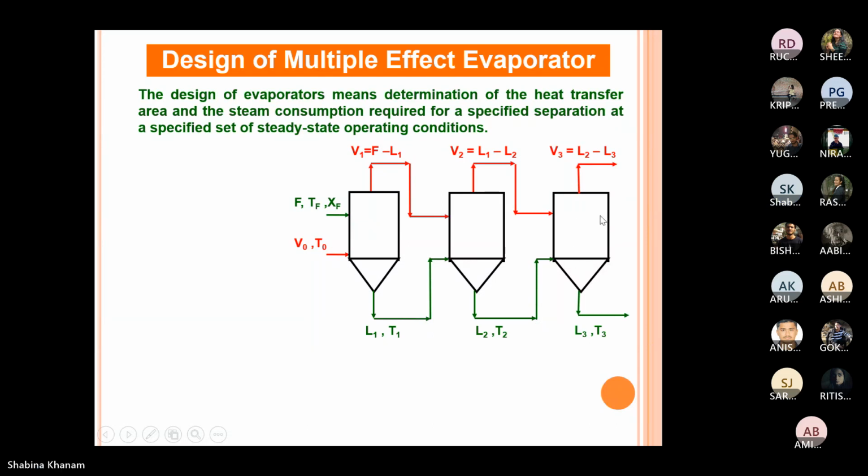And just less than that vacuum will be created over here, and just less than that vacuum will be created over here. The point is, as we move away from the vacuum pump, vacuum will keep on decreasing.